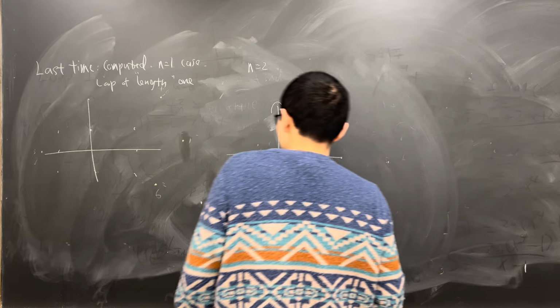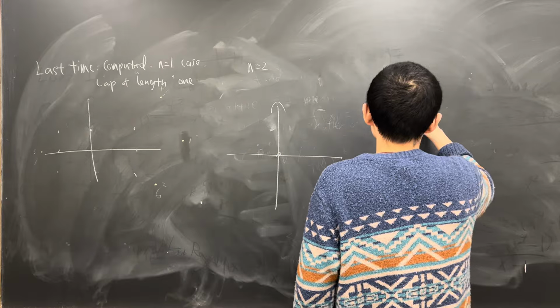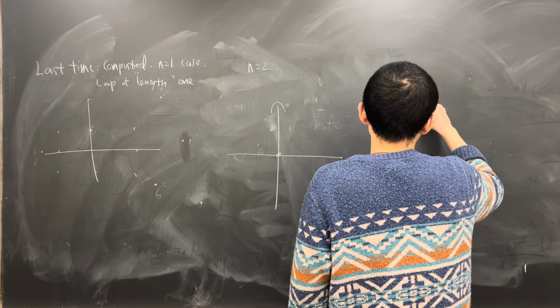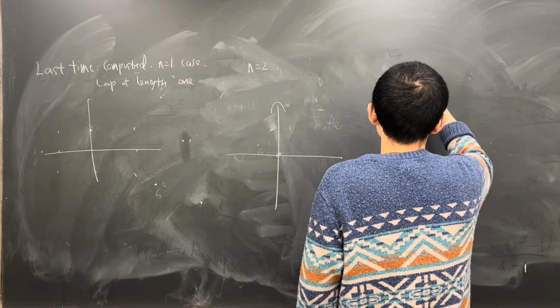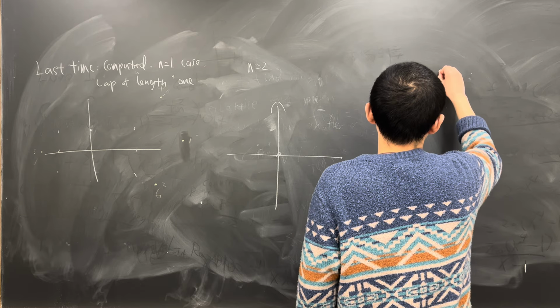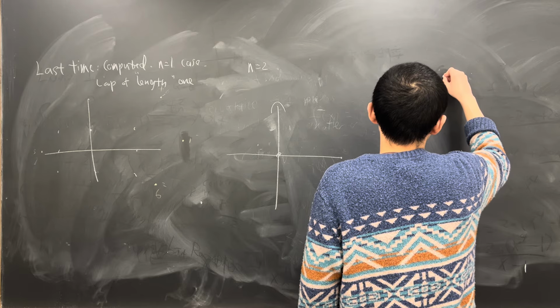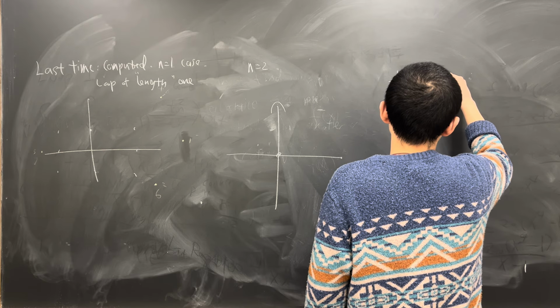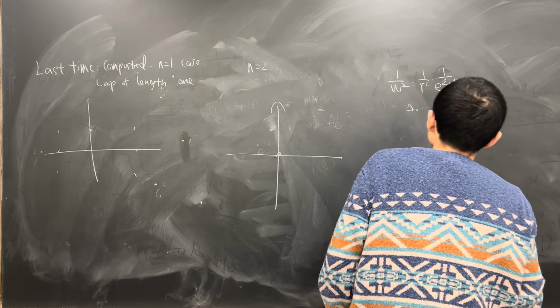Okay, so I think there are two rows, right? Basically if you take 1 over omega square, which is equal to 1 over r square, 1 over e to the 2 i theta, right?